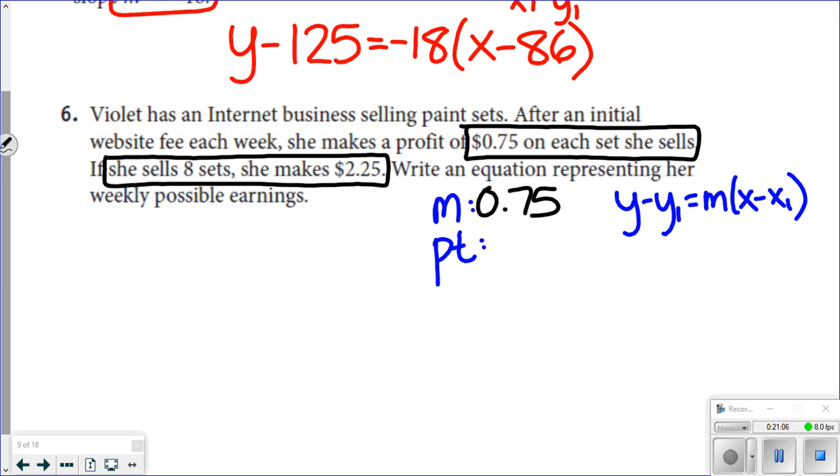A different day, maybe she only sells 3 sets. Another day, it's close to Christmas and she sells 25 sets. So that's changing. That's our rate of change. That's our slope. So then our point would be 8 is the amount that she sells. 2.25 is the amount of money she makes.